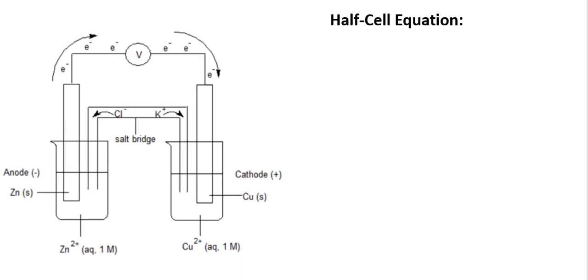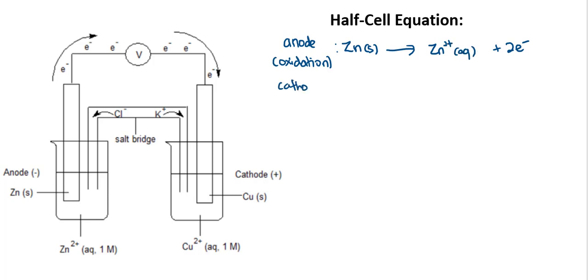The half cell equation for this reaction is written with the anode as the oxidation process, where in this case zinc undergoes oxidation by releasing two electrons to form zinc 2+ ions. While at the cathode, which is the reduction process, copper 2+ ions are reduced by gaining two electrons to produce the copper atom.